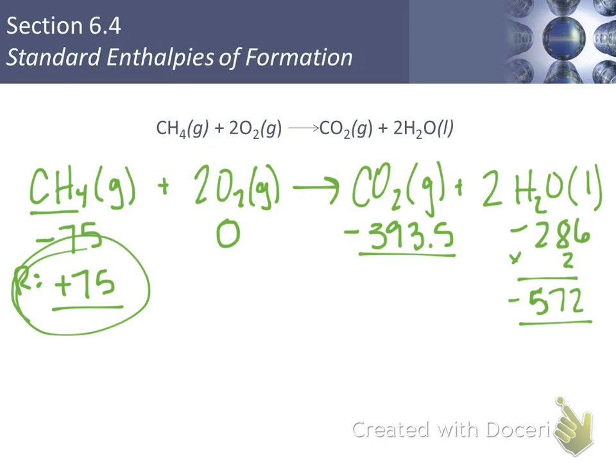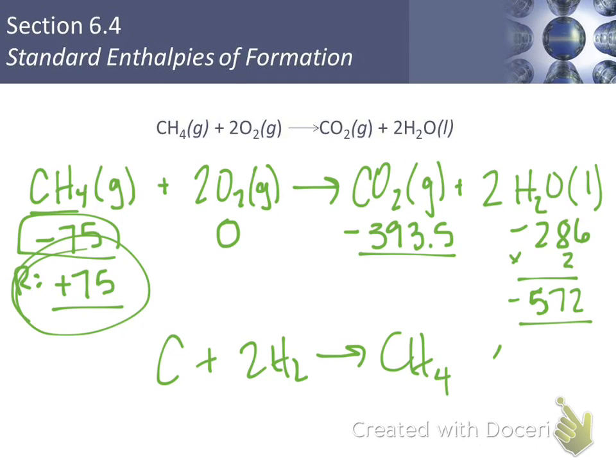But why did you reverse it? Okay, because the negative 75 value that we found in the book is only true when CH4 is a product. So what it looks like is we would have a mini reaction like this: C plus 2H2 yields CH4, and that would have a delta H of formation of negative 75.